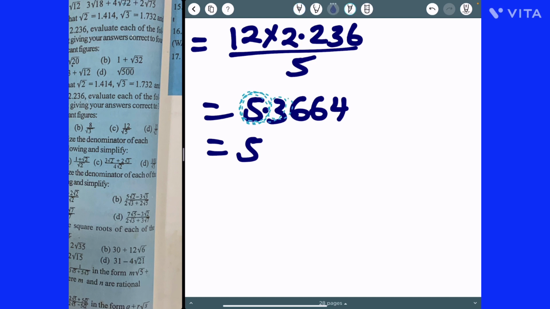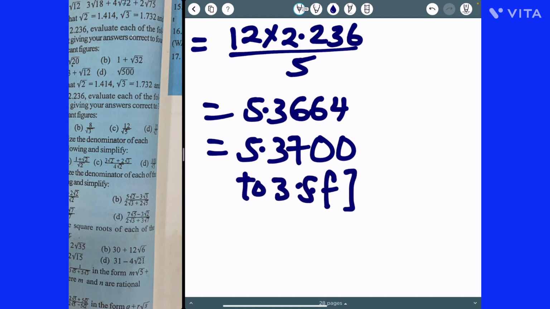The next digit 6 is 5 or more, so I add 1 to the previous digit. That gives me 5.37 to 3 significant figures. Take note of those simplifications.